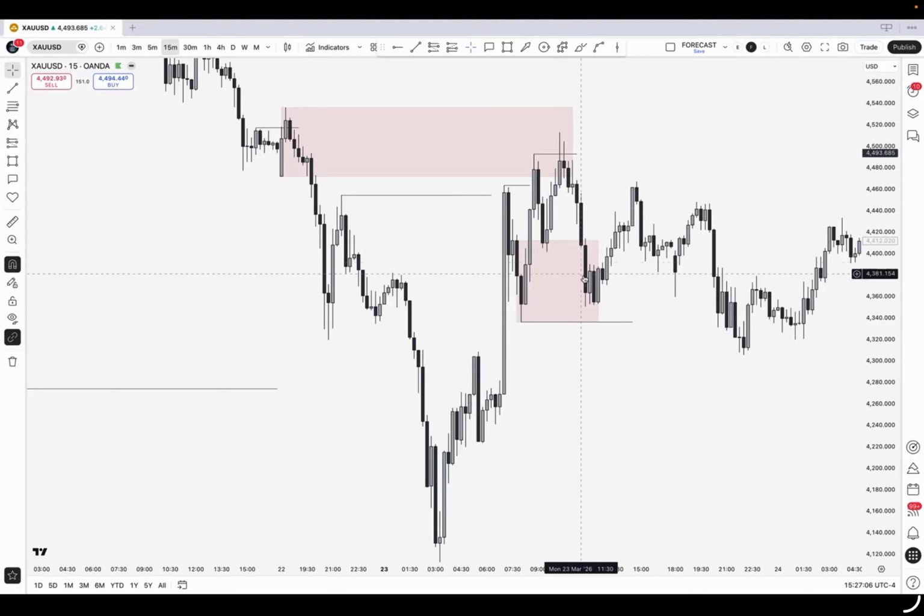We also have another indication of inducing buyers when we take out this internal high. Since we took out that internal high, we know we have a build-up here. Therefore, buyers are buying this. We do not want to be buying with retail.